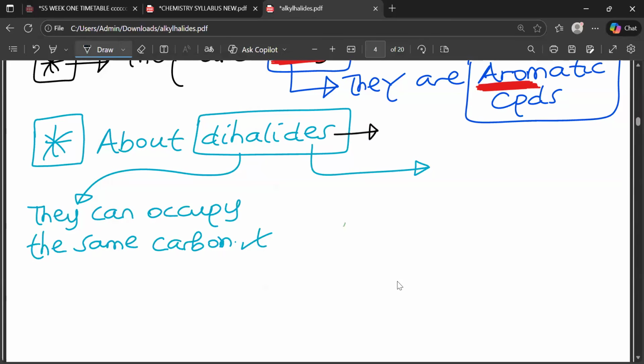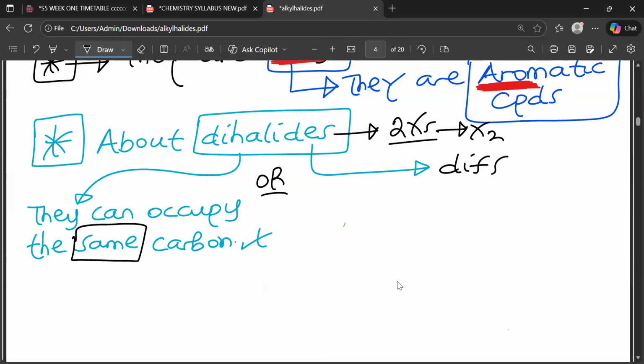With dihalides, we always mean that there are two X's, X and X. In the example we had, it was Cl2, two X's, which I can call X2. So I'm saying that they can either occupy the same carbon, I'm going to show you what I mean, or different carbons.